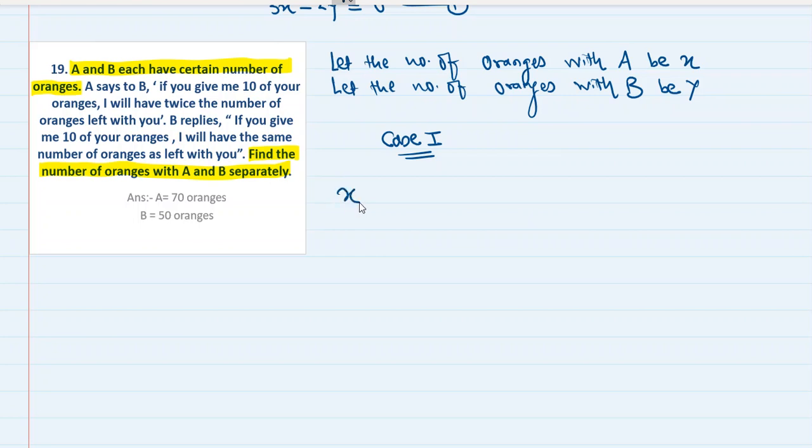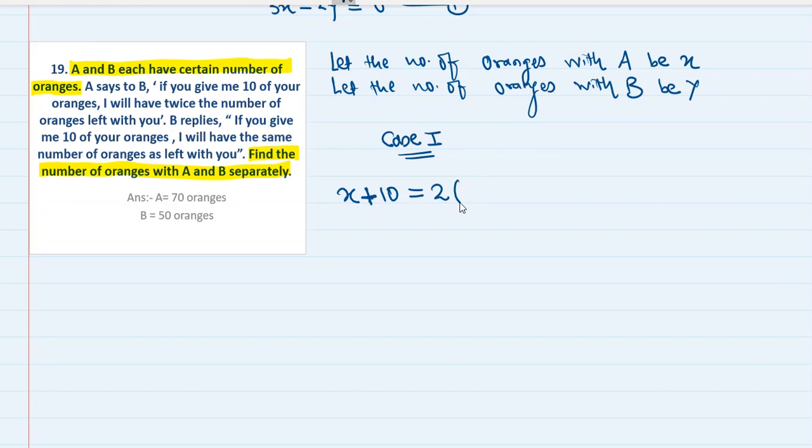So A had X oranges, B will give A 10 more oranges. So the number of oranges with A will become X plus 10. If you give me 10 of your oranges, I will have this X plus 10. This is the number of oranges with A, and it is equal to twice the number of oranges left with you.